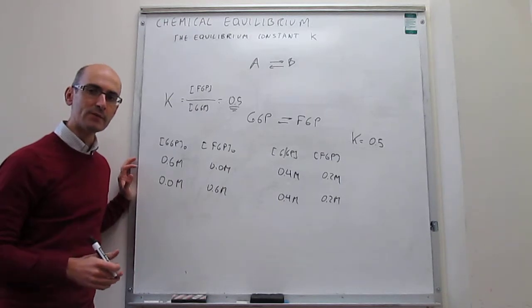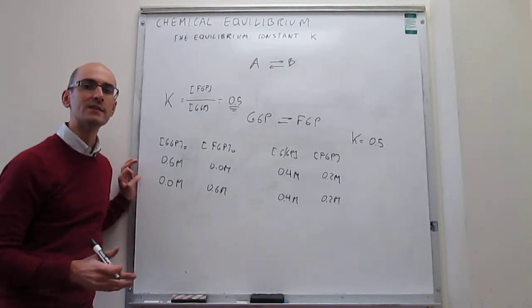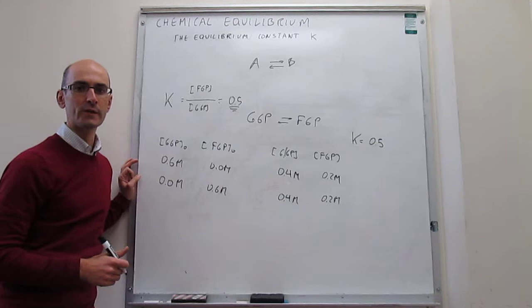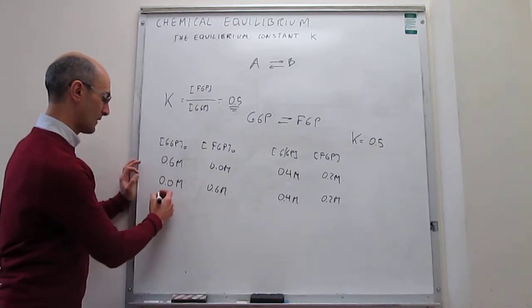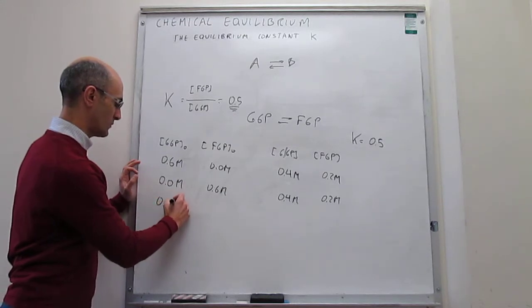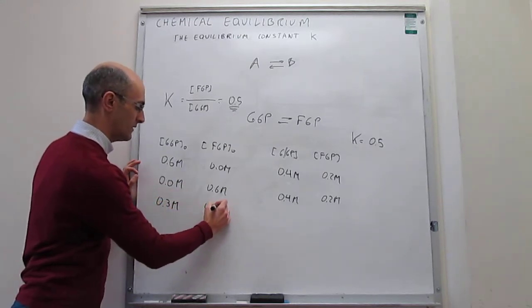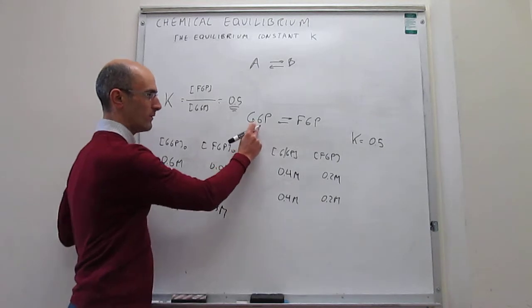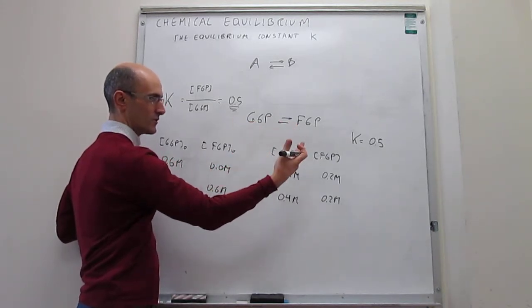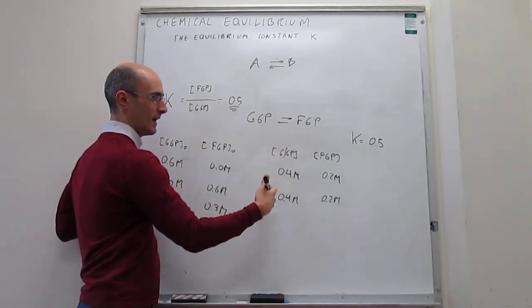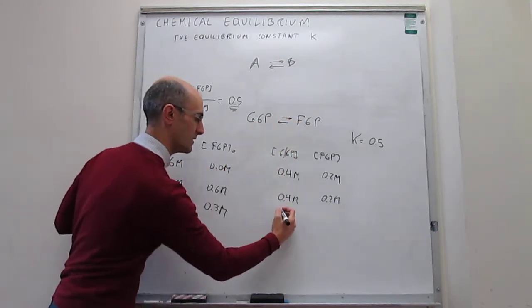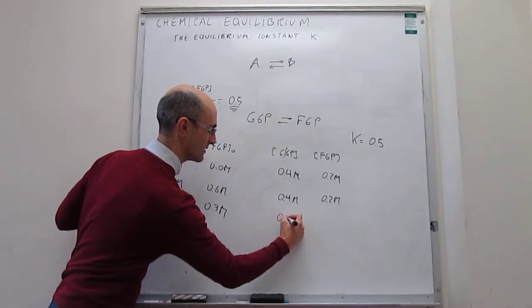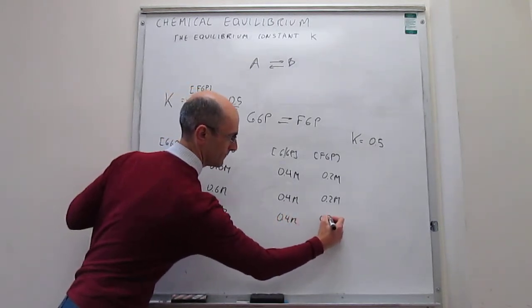And again, that's because that value of the equilibrium constant is immutable, is specific to its reaction, and it only depends on temperature. Okay, finally, we can do a final experiment in which we start with 0.3 molar of each. Okay, so equal amounts of reagents and products, and the reaction will proceed in which you're going to be turning a little bit of product into reagent, such that the final concentrations are still the same.